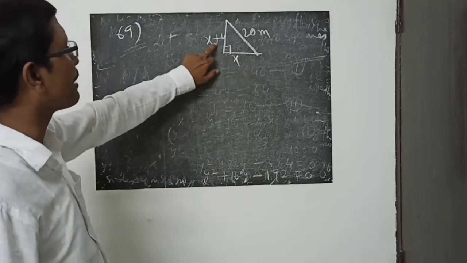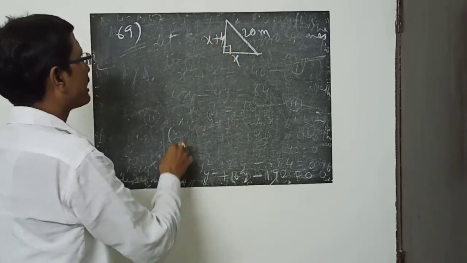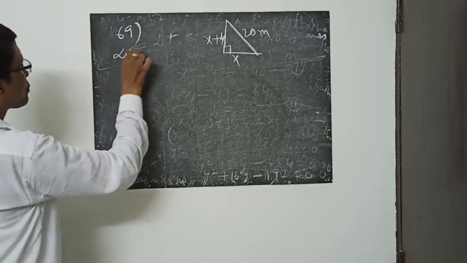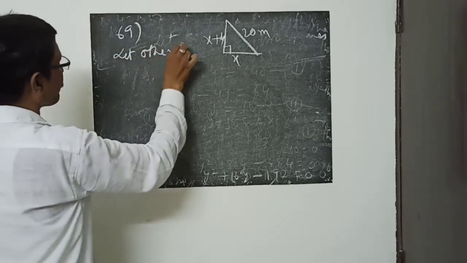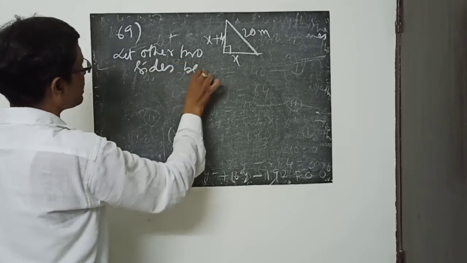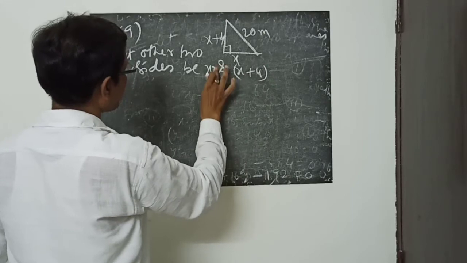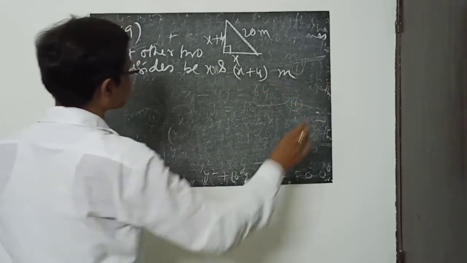Suppose it is 16, it may be 12 or it may be 20. That is the difference. So let the other two sides be x meter and x plus 4 meter.